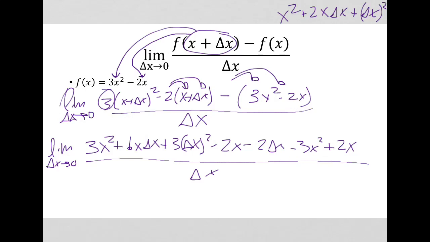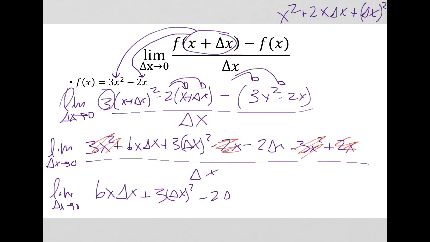And again, tons of stuff's going to cancel. Positive 3x squared, negative 3x squared, positive 2x, negative 2x. So I'm left with the limit as delta x approaches 0 of 6x delta x plus 3 delta x quantity squared minus 2 delta x, all over delta x.